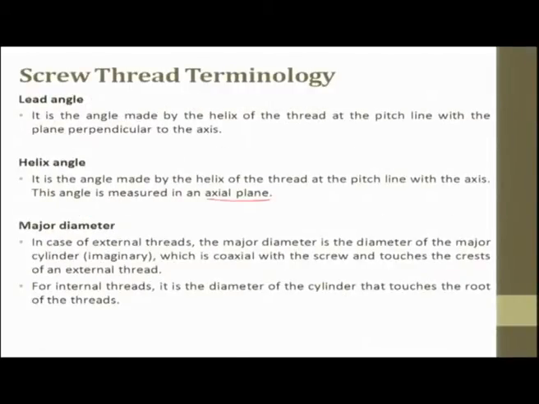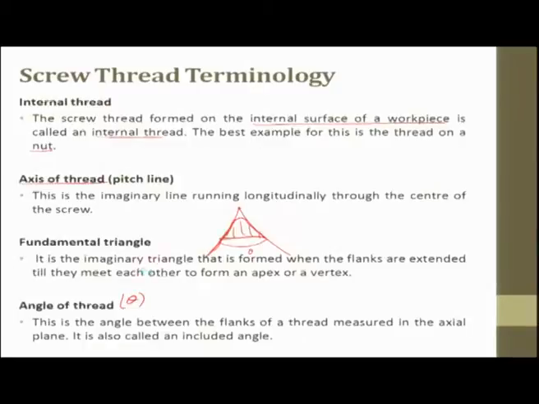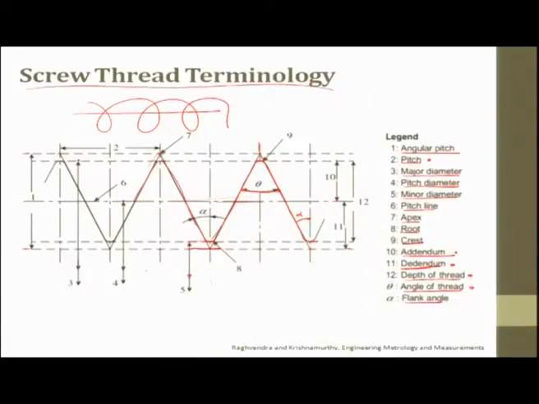Major diameter, in case of external thread, the major diameter is the diameter of the major cylinder which is coaxial with the screw and touches the crest of an external thread. So, if you go back, major diameter is 3. Let us see the definition.